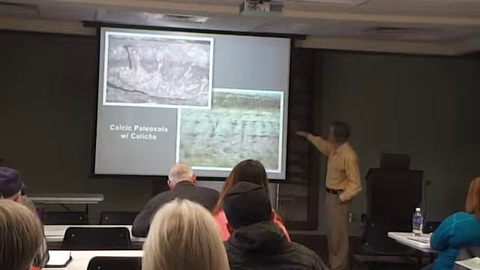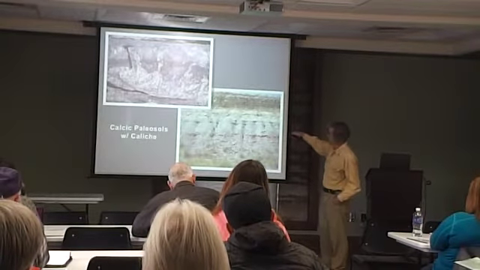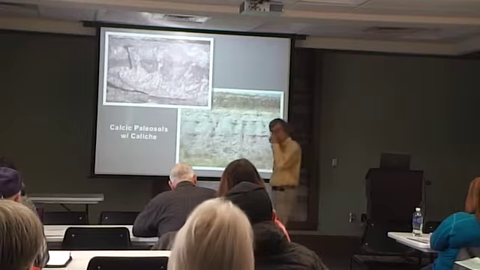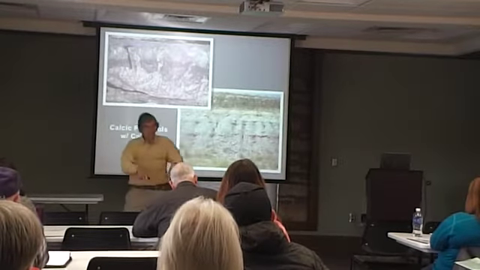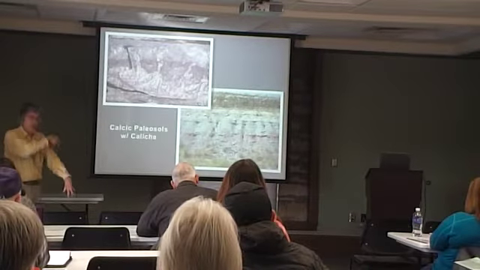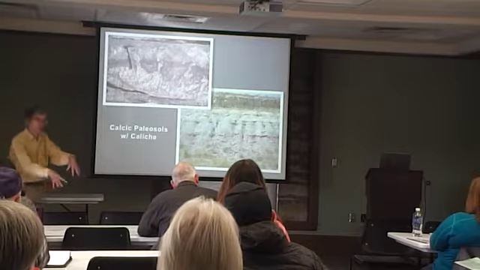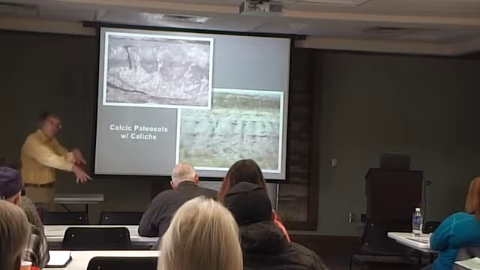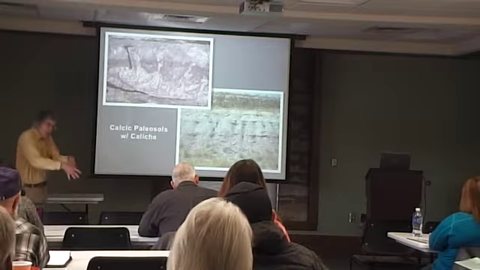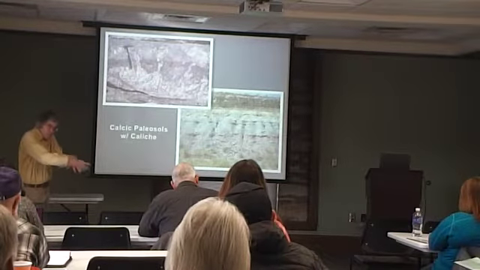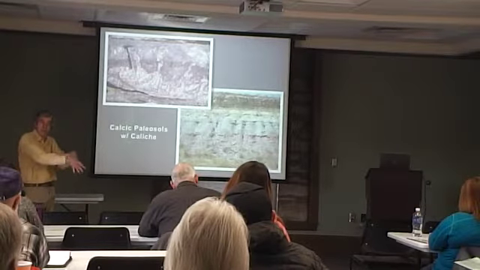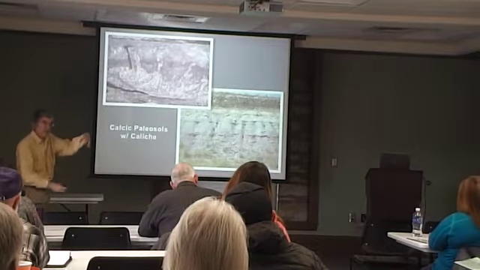These are called rhizocretions, and they're carbonate-coated roots. So the plants are rooted down into the soil, and remember they're sucking up water. So they're drawing the water to themselves, or pulling the groundwater to the roots, and therefore they're drawing these waters that are supersaturated in carbonate to the roots, and so the carbonate precipitates out along the roots.